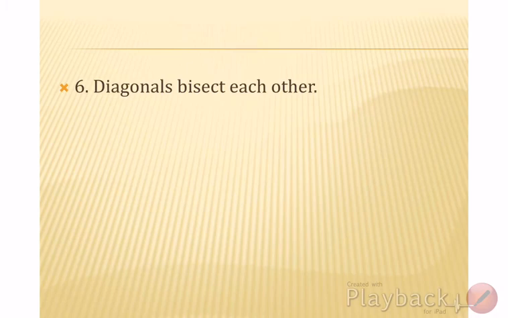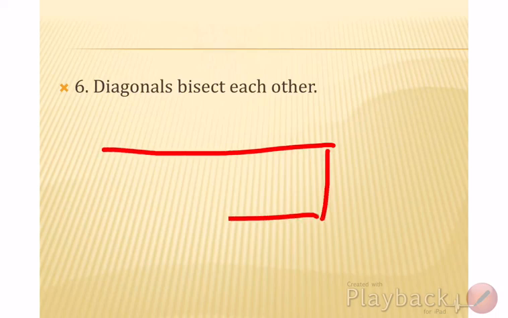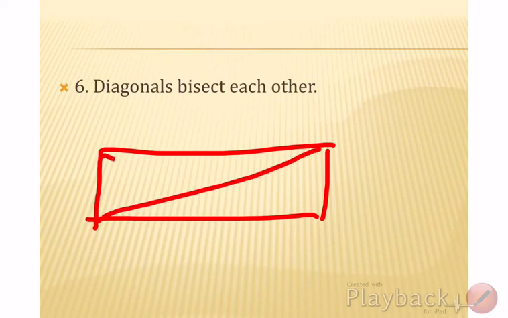What about diagonals that bisect each other? And when diagonals bisect each other, that means you have a rectangle.